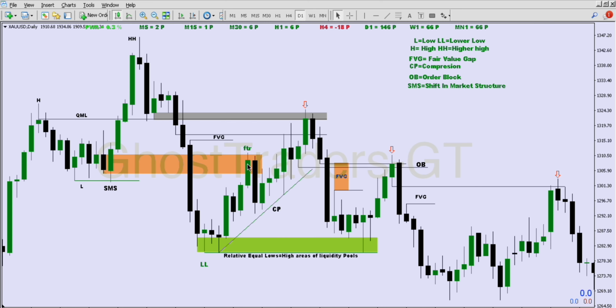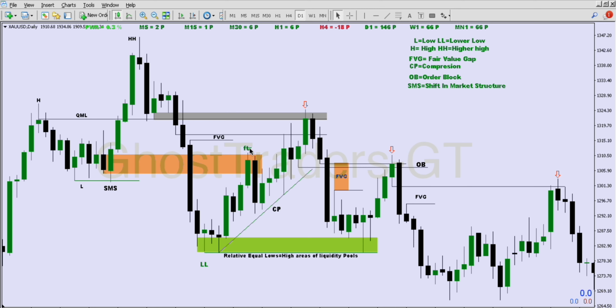An FTR is caused by this breaker level most of the time in a QML. You can see here, this is an FTR caused by this breaker structure here. So whenever you see the breaker structure, you get to know that you are most likely to have an FTR in your QML.